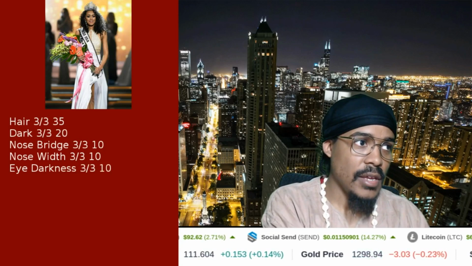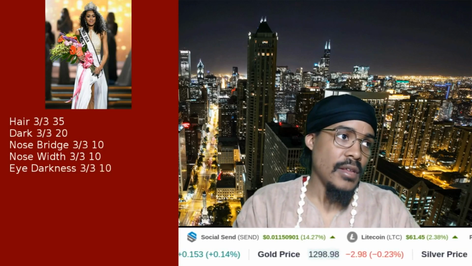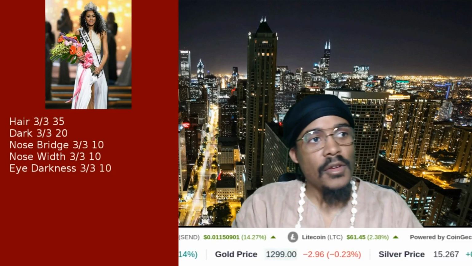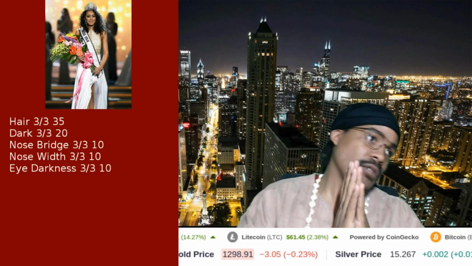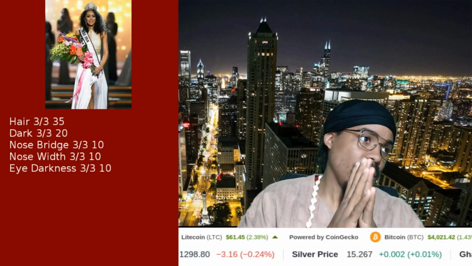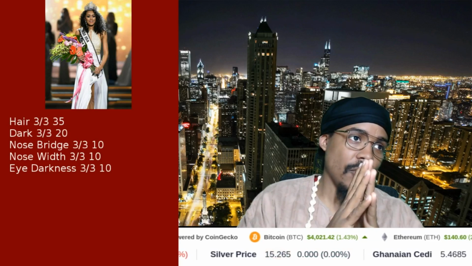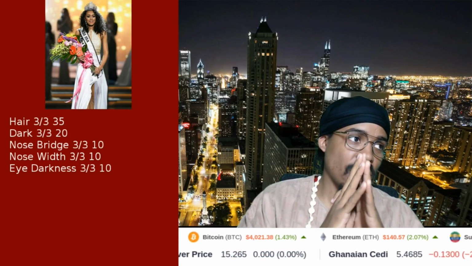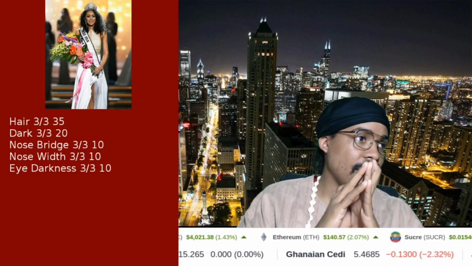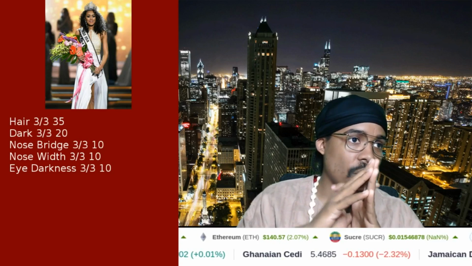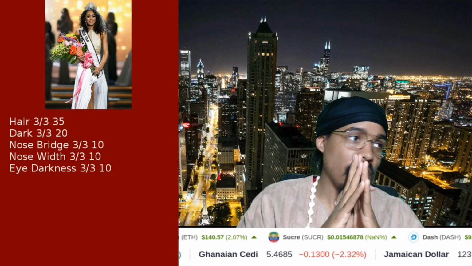Again, 3 levels and 10 points. What's with the numberings? Why do eye darkness, nose width, and nose bridge only get 10 points per level, whereas skin darkness gets 20 points per level, and hair coil gets 30 points per level?